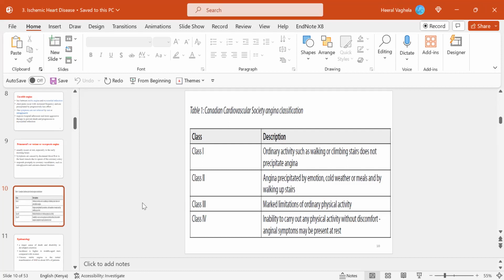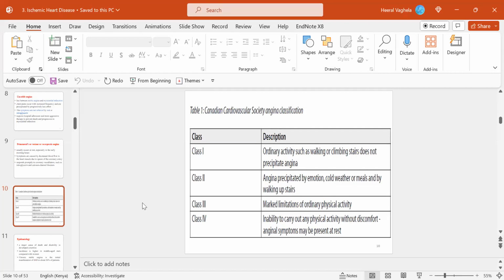In class 2, it's usually emotion or cold weather that brings on symptoms. In class 3, when you do some physical activity, you have symptoms of angina, like chest discomfort. In class 4, you're not able to do any physical activity, or even at rest, you have anginal symptoms.